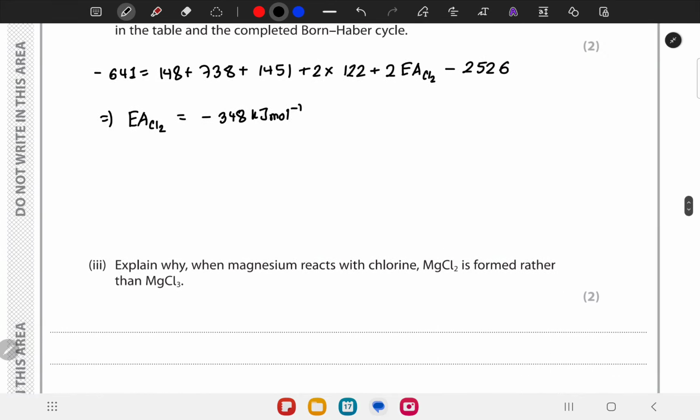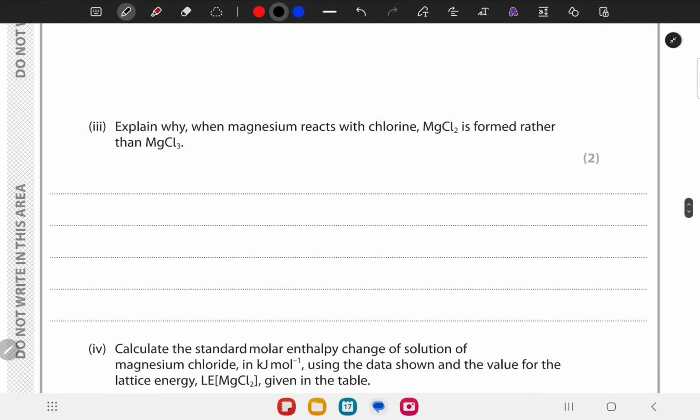Now in part 3 we have to explain why when magnesium reacts with chlorine, MgCl2 is formed rather than MgCl3. Now for MgCl3 to be formed, we also need the third ionization of magnesium.